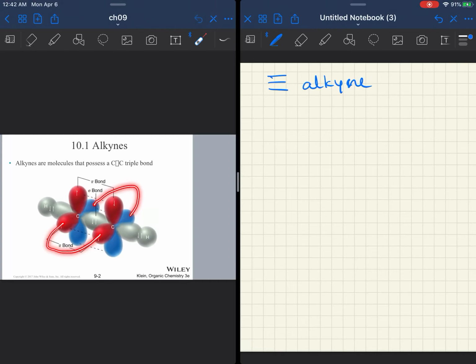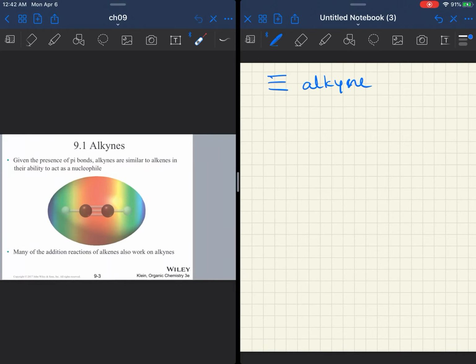You've got a pi bond between these two p orbitals above and below, and then the two p orbitals that are coming out in the front and those sneaking back there in the back. All right, so you have one sigma, two pi. It's linear. There's no rotation around the bond. You have a lot of electron density right there in the center, right? We've got 6 electrons located in this bond.